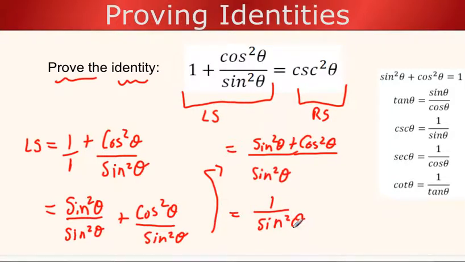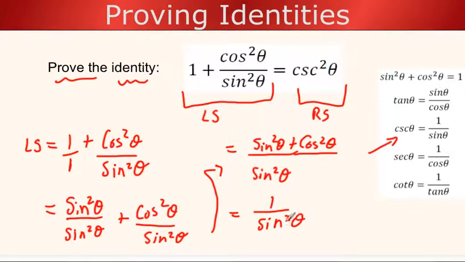Now I have 1 over sine squared. What's 1 over sine squared? Cosecant squared. That's something that I haven't specifically discussed, but if I square that, 1 squared is 1, sine squared is sine squared, and then if I square cosecant, I get cosecant squared. Same with all of these, like sine squared over cos squared, that's tan squared.